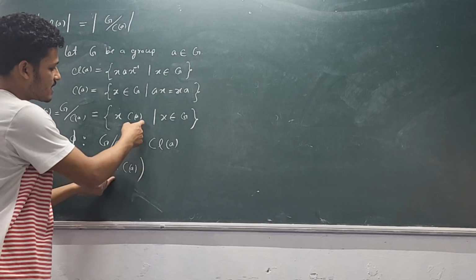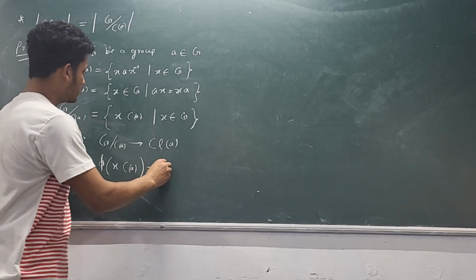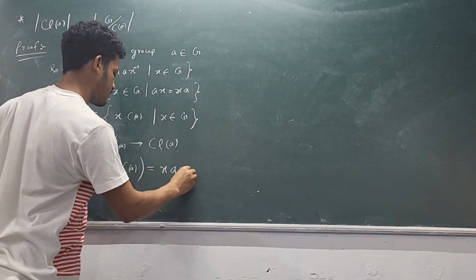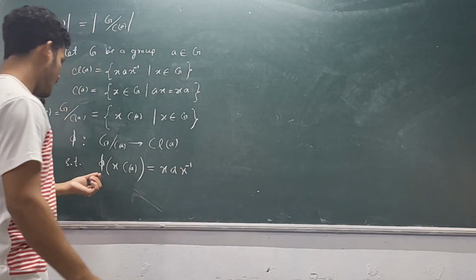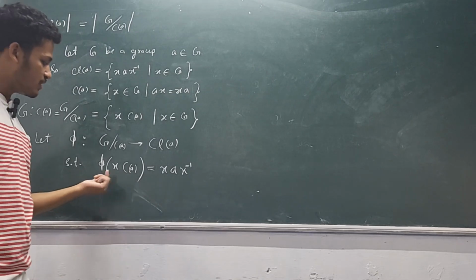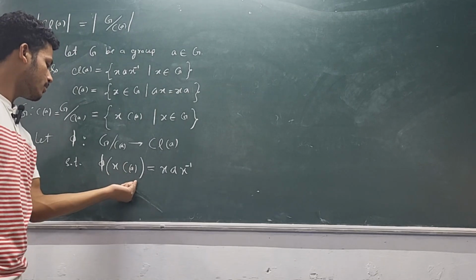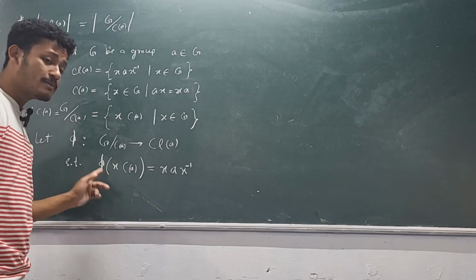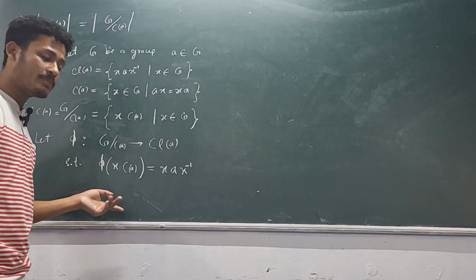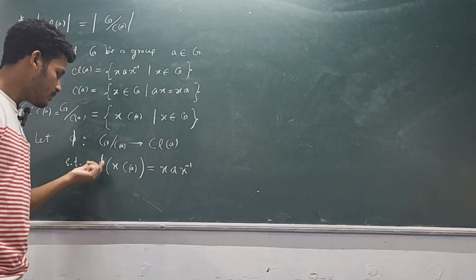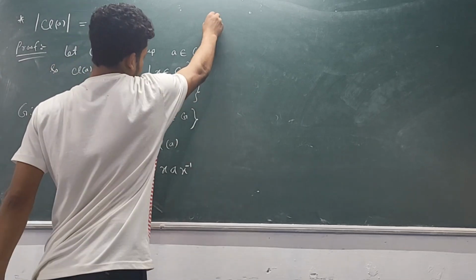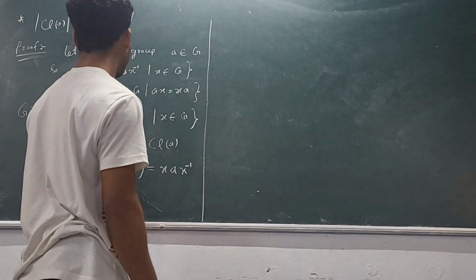Phi of XCA will be equal to the element XAX inverse. So I am just defining a relation, phi. Now, is phi a function? If phi is well defined, then phi is a function. So now we have to show that this phi is well defined.